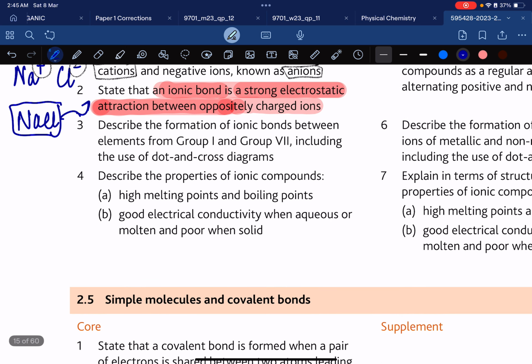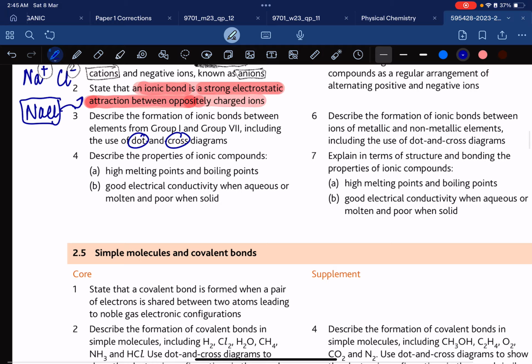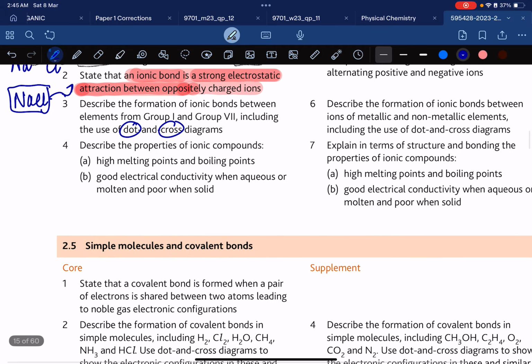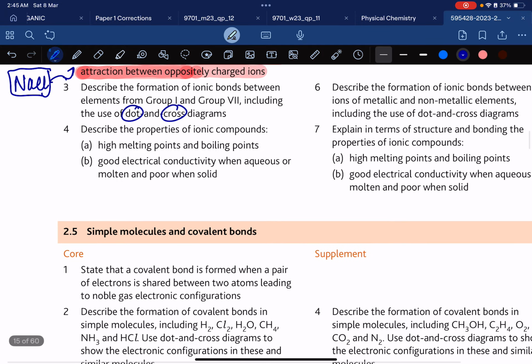Describe the formation of ionic bonds between elements, including the dot and cross diagram. Now the dot and cross diagram is not something that you really need to stress your life with. Basically, you first draw the structure of Na. Most of the time the question is going to ask you to draw only the outer layer of it.